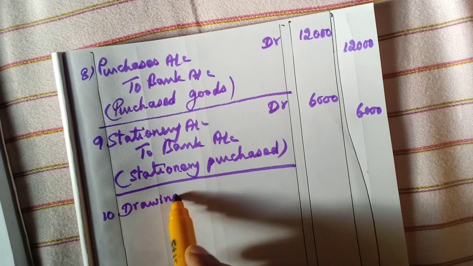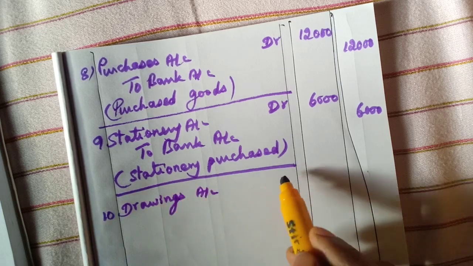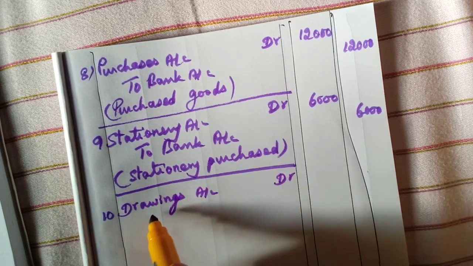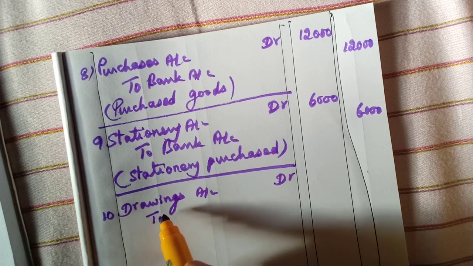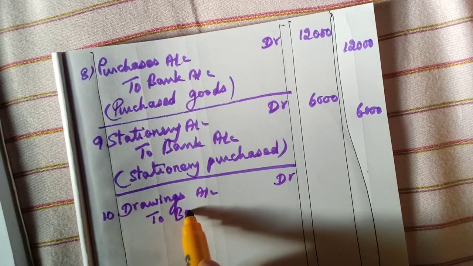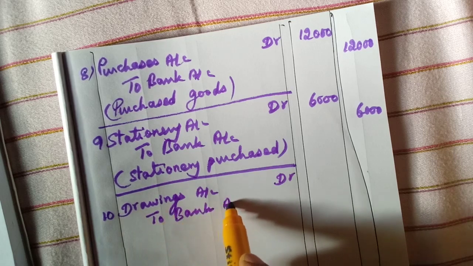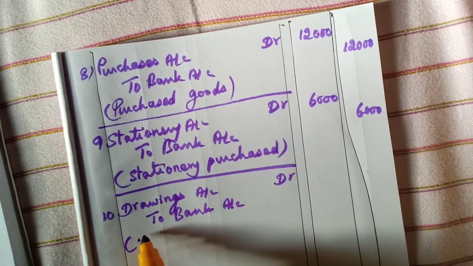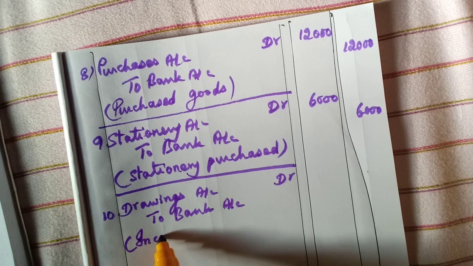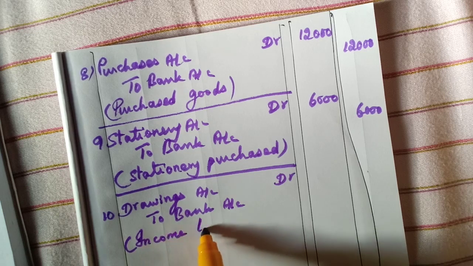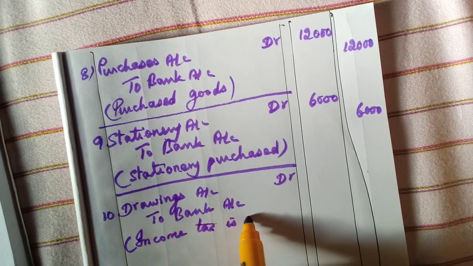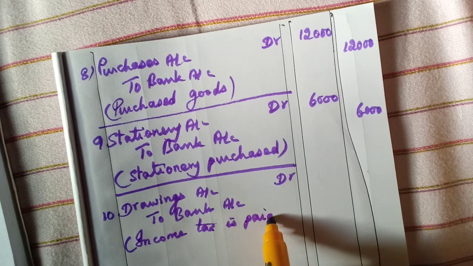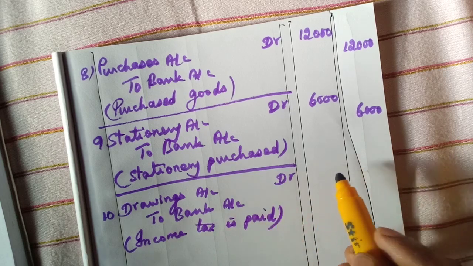The business is paying his expense. Drawings account debtor to bank, as it is paid by check. So who is paying? The bank. Income tax is paid. 10,000.